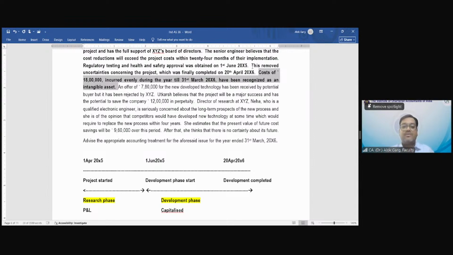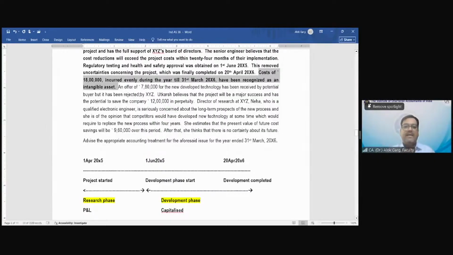So is that right? No. 3 lakhs will go to P&L and 15 lakh will be intangible. 2 months means 3 lakh charged to P&L and 15 lakh transferred to intangible asset under development.